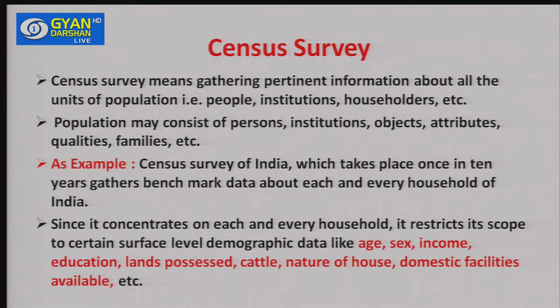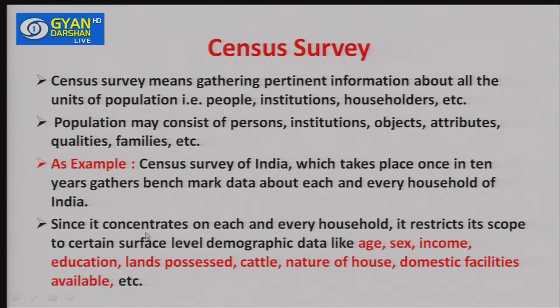So census survey means gathering pertinent information about all the units of the population. It may be people, institutions, householders, etc. Population may consist of persons, institutions, objects, attributes, qualities, families, everything is included here. As an example, the census survey of India takes place once in every 10 years, and gathers benchmark data about each and every household of our country.